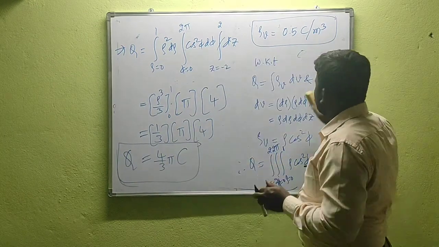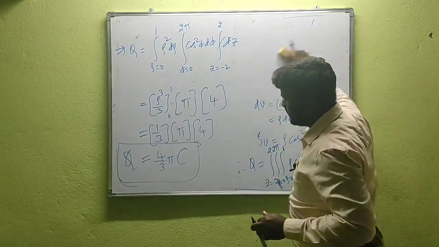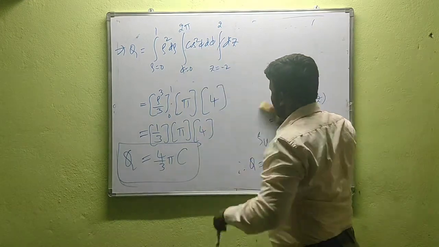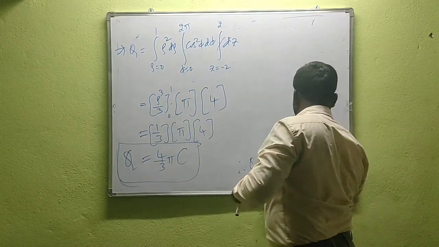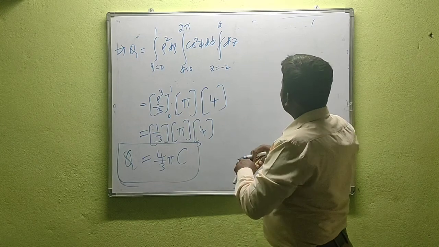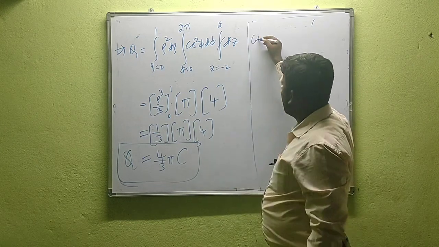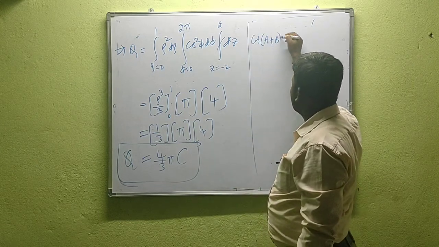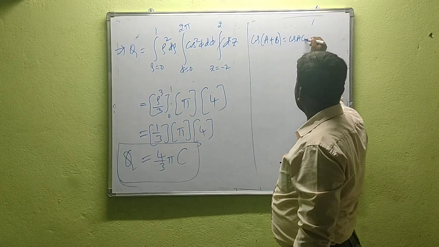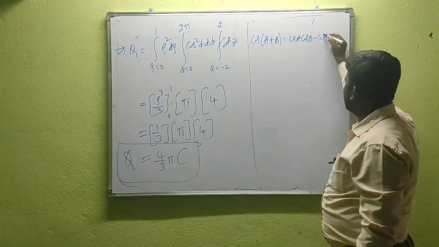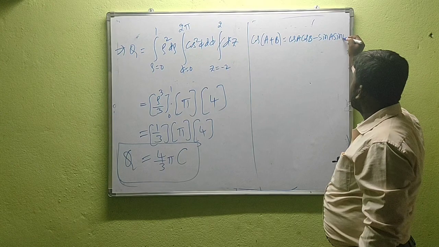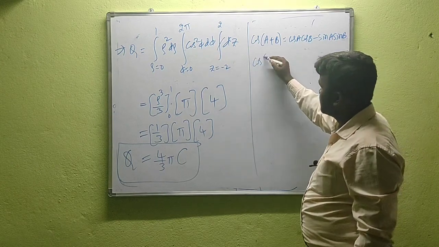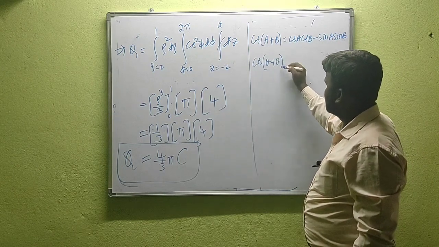You may have a doubt how we got the integral of cos²φ dφ. We have cos(a + b) is nothing but cos a cos b minus sin a sin b. So let us take cos(θ + θ).